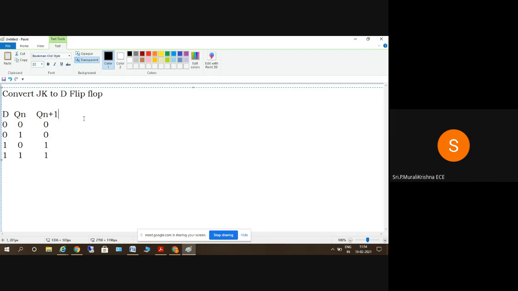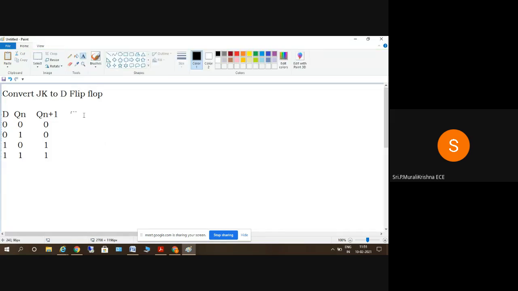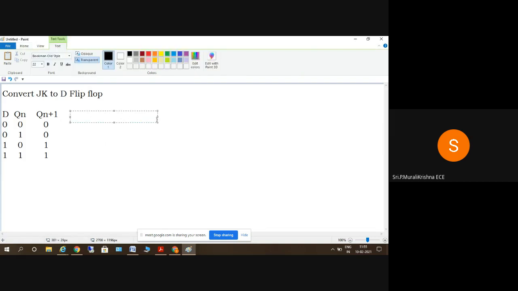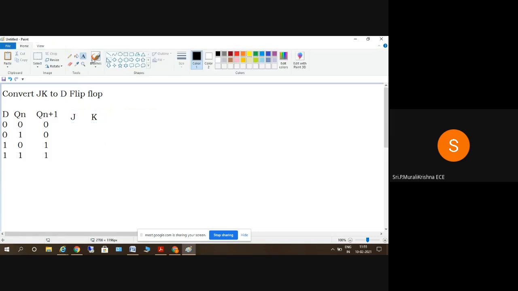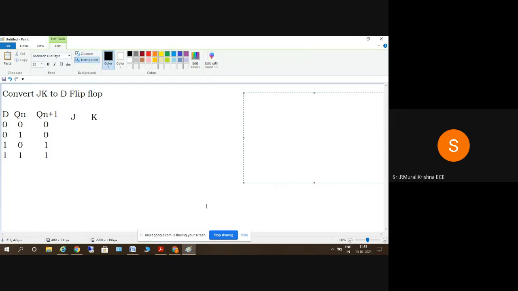And next, we need the excitation table of the JK flip flop. So first you write the excitation table here.